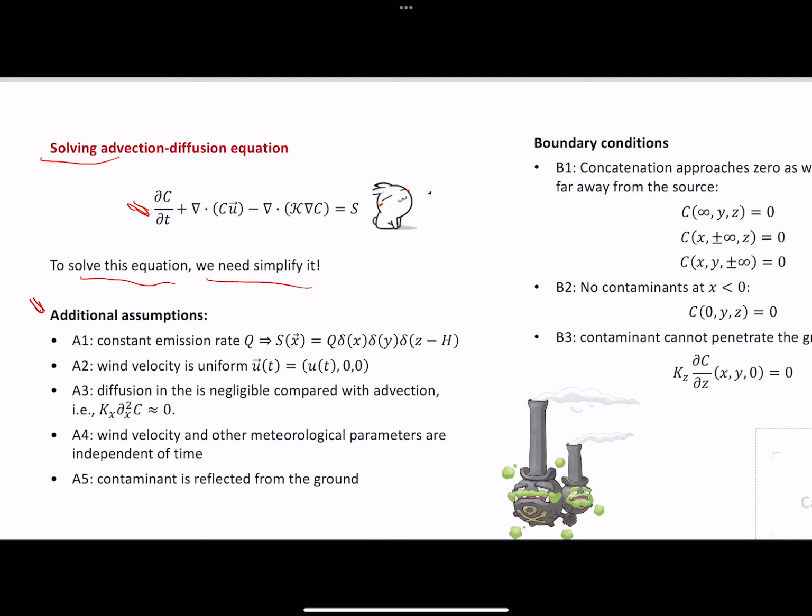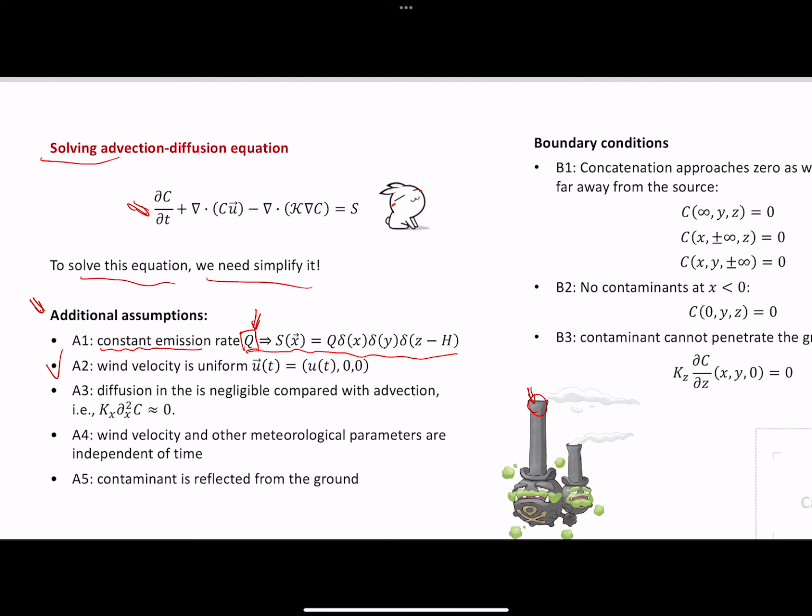For the first one, we can assume the emission rate is constant, which means the pollutant from the stack is constant. It will not change over time. And it is usually the case for most plants. So in this case, this can be evolved into this one. I'm not going to explain this equation in detail, but we just need to know that the emission rate or the emission strength can be considered as a constant.